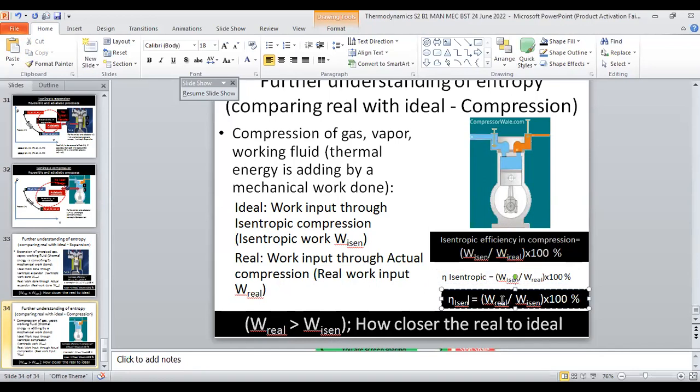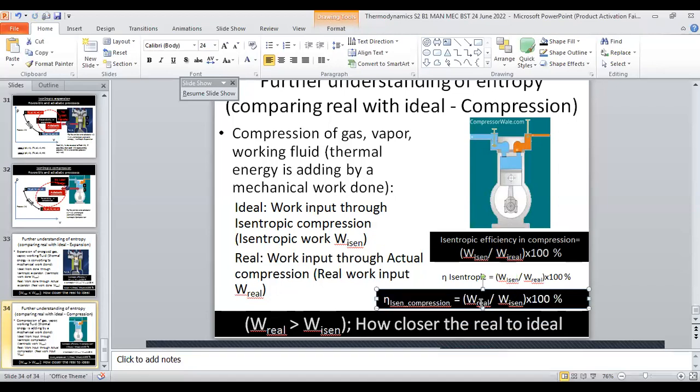So isentropic compression efficiency is W isentropic against W real.